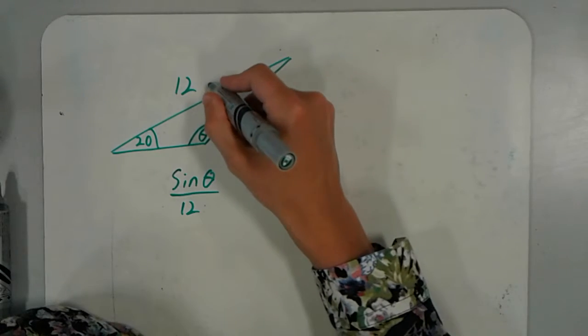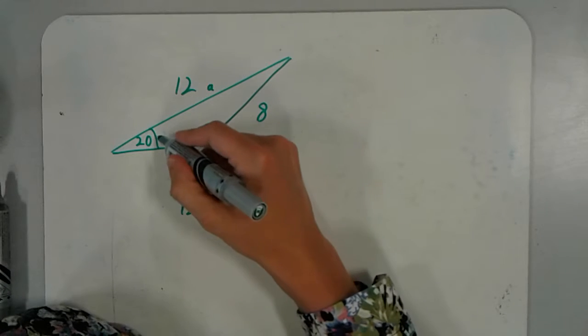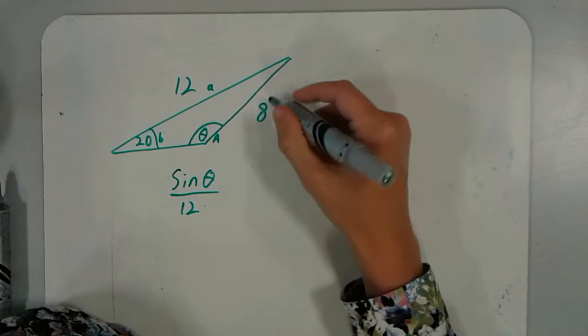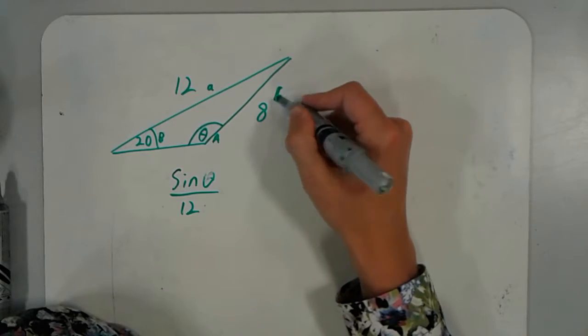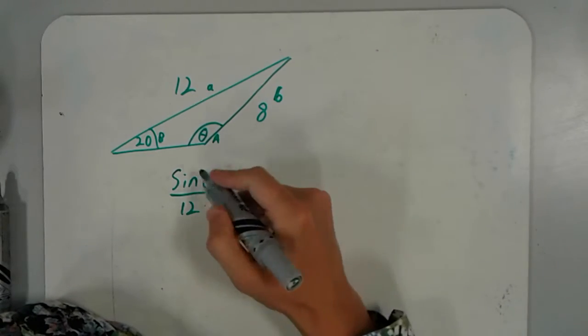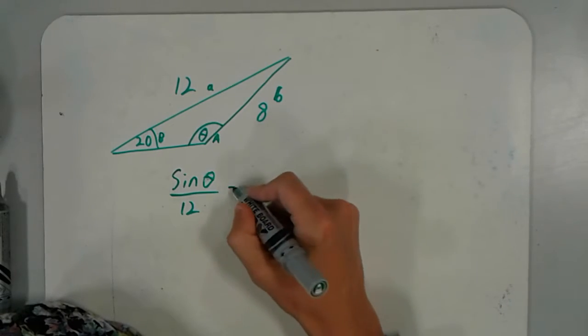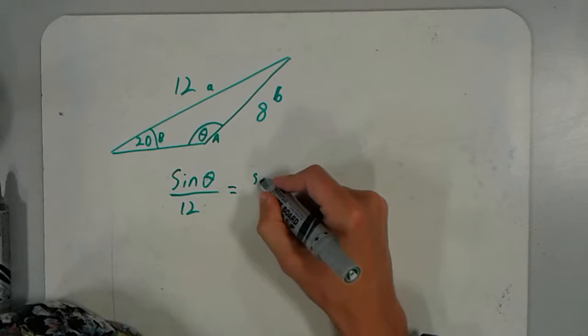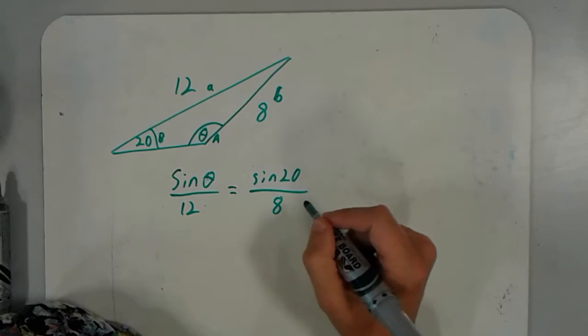So if we were to label this side A, this would be angle A. If this were angle B, this would be side B. Okay, so sine theta over 12, using opposites, is equal to sine 20 over 8.